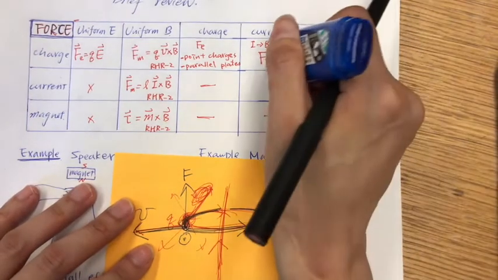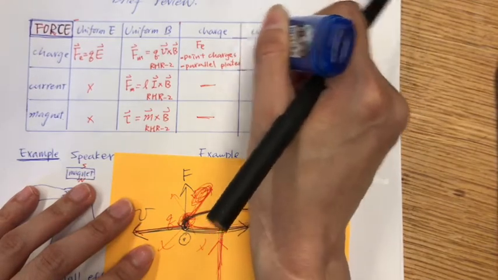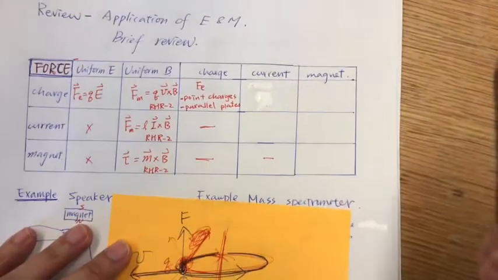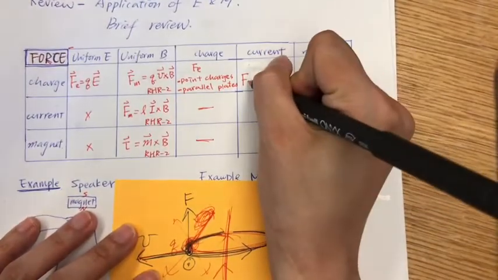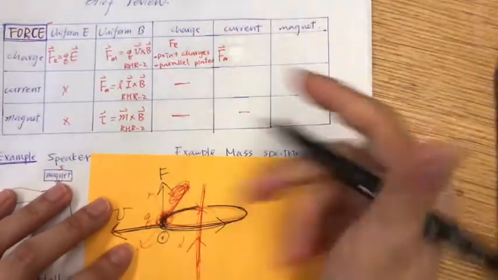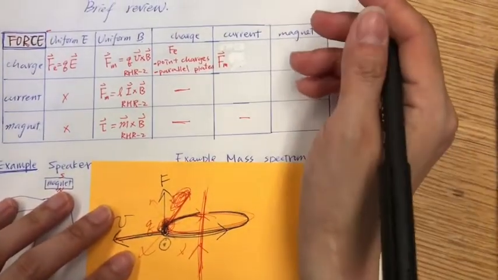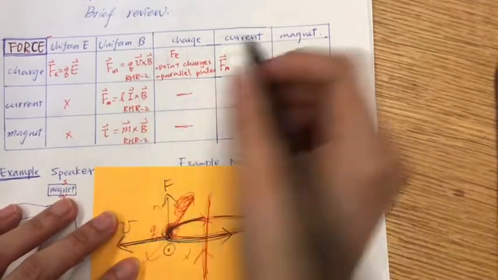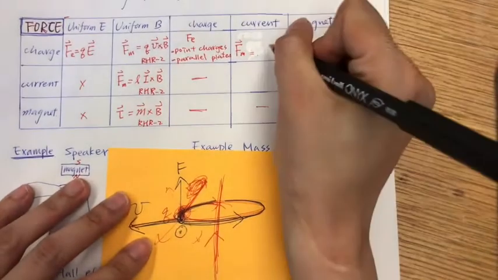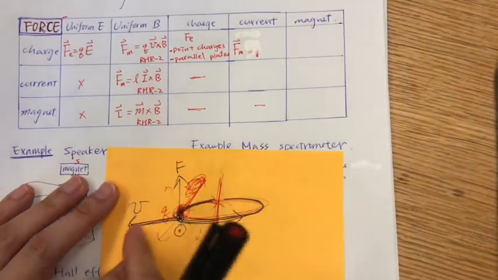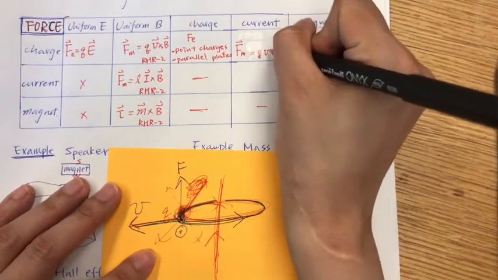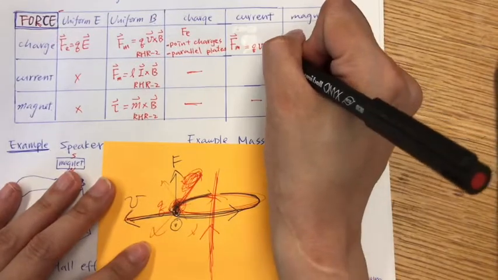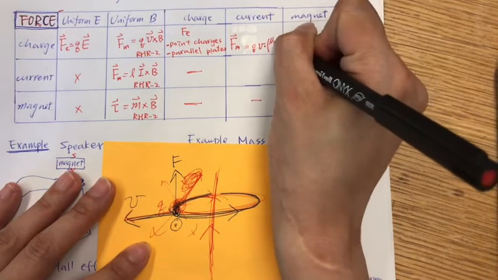I want to write it better. It will experience a magnetic force, and of course we use the right-hand rule to determine the direction. But for the magnitude, this equals the charge moving in a magnetic field, and this magnetic field is the one created by the current, a straight wire.